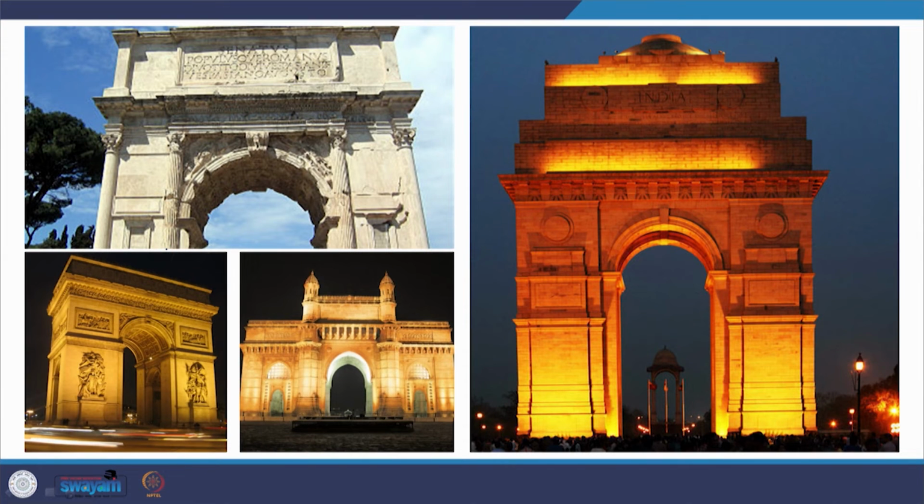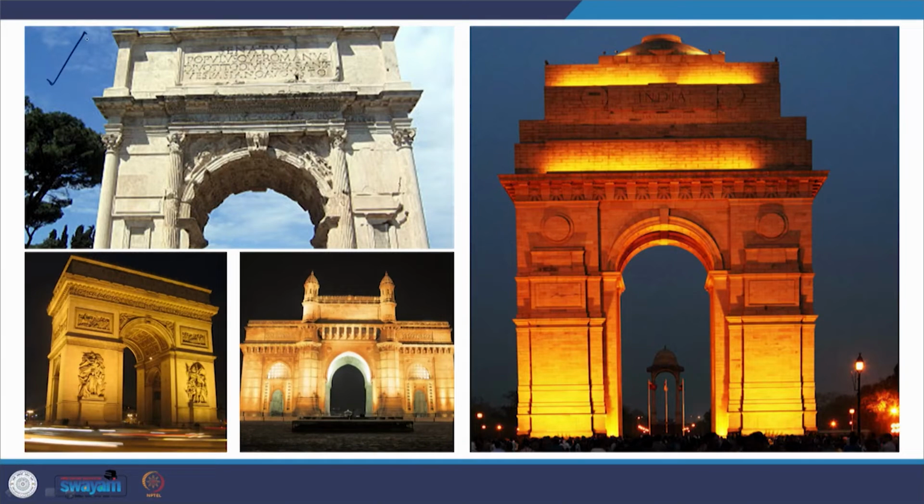Now the India Gate per se is a derivation of earlier gates made all the way back to the Roman Empire. The triumphal arches used to be built when the Roman general with the victorious Roman army would enter Rome, and to commemorate that occasion the triumphal arches were built.